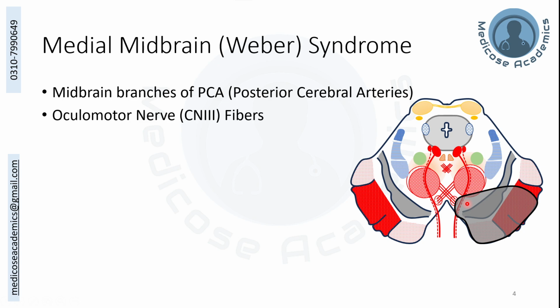When those are lost, the person is unable to move the eye medially, to adduct the eye, and at neutral position the eye will deviate towards the lateral aspect due to the unopposed action of lateral rectus. That is called lateral strabismus, or lateral squint.